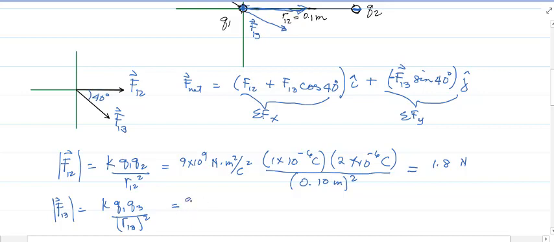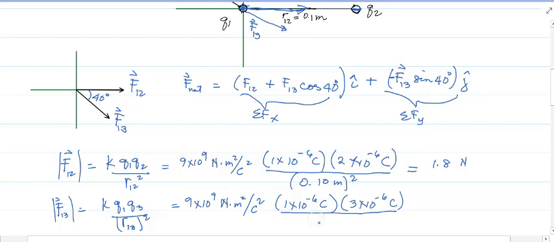Plugging in the values: 9 times 10 to the 9 Newton meter squared per Coulomb squared, times 1 times 10 to the negative 6 Coulomb, times 3 times 10 to the negative 6 Coulomb, over the distance between them, 0.15 squared. The value is just equal to 1.2 Newton.